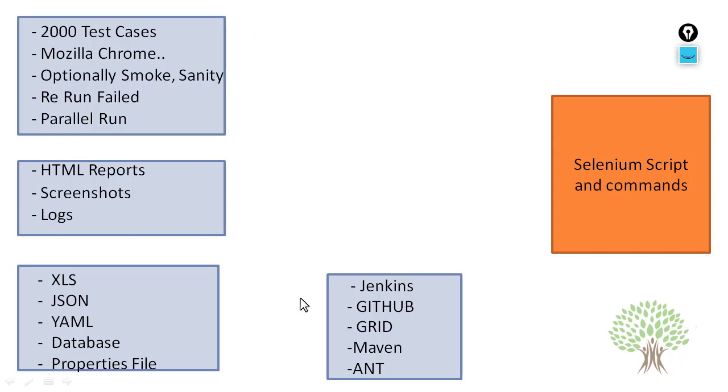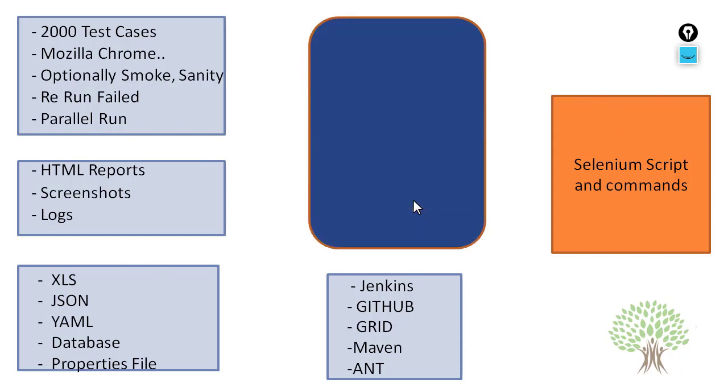Right. So to integrate all these things together, to facilitate all these things, we use a centralized controller in between. This centralized controller can be TestNG, or people use JUnit, or BDD frameworks like Cucumber BDD is also required.